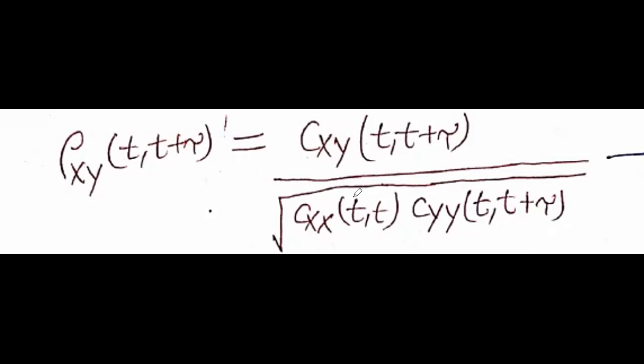Right? Now we are moving to ergodicity. So what is the basic definition of ergodicity? We have to know here. A random process is ergodic if all its time averages of any sample function are equal to the corresponding ensemble averages. Here the ensemble averages are nothing but the expectations.